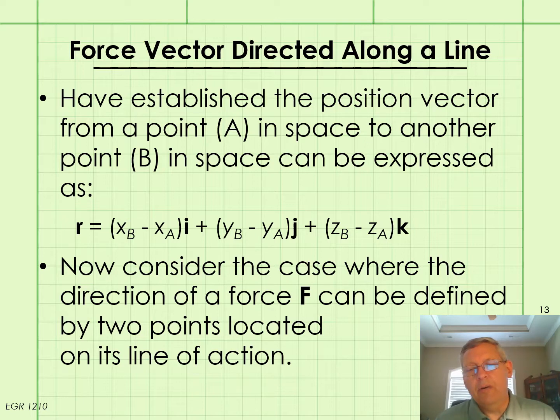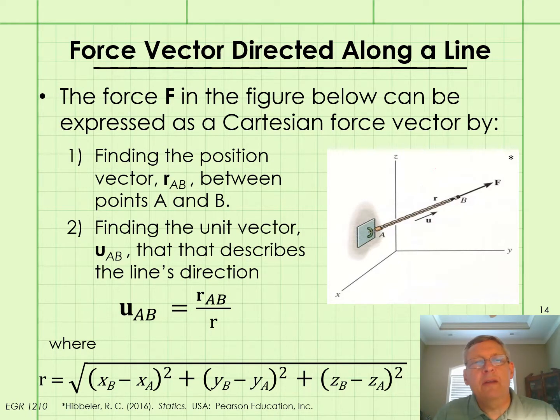So we don't know the coordinate direction angles of the force, we don't know the direction cosines of the force, but we do know 2 points located along its line of action. This method of expressing a force in 3D space in Cartesian form is known as force vector directed along a line. Let's look at the situation in the figure here.